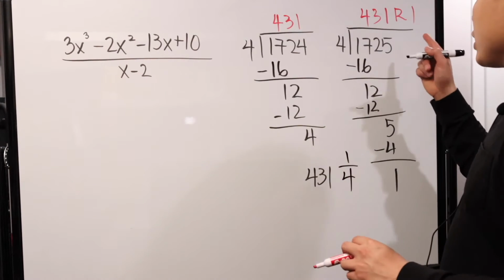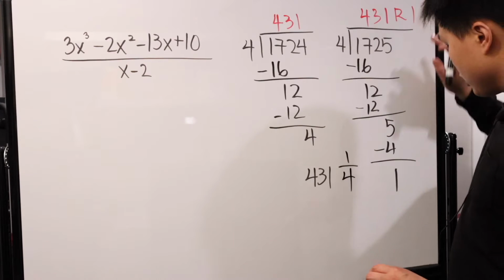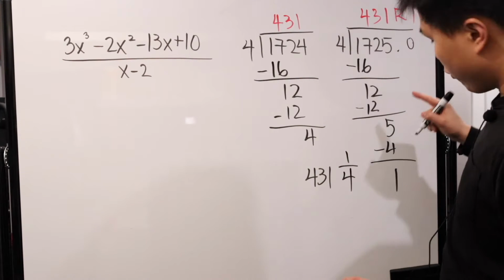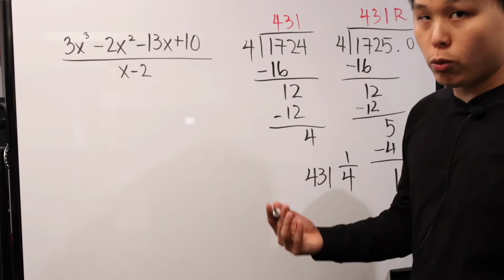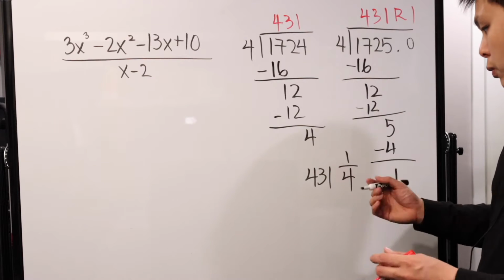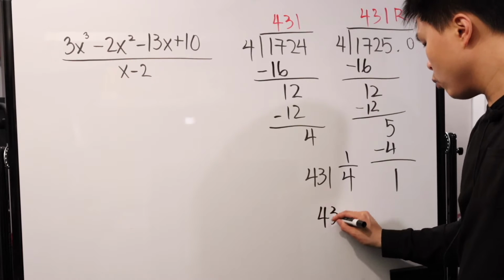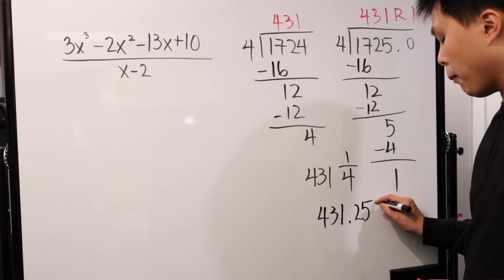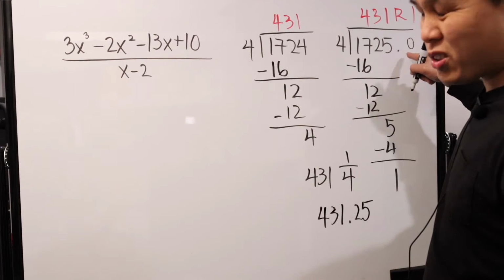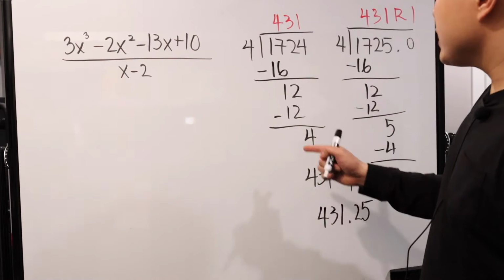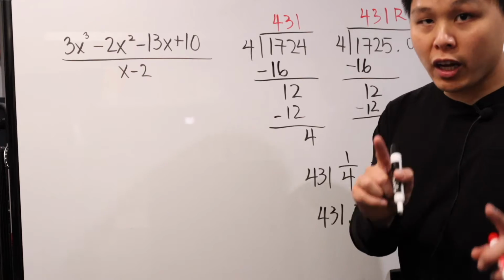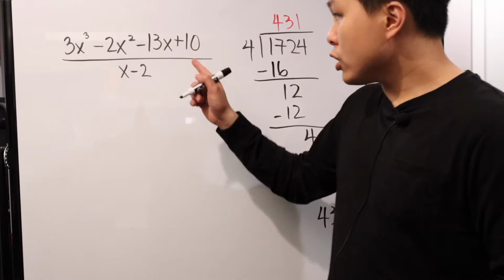Of course, there's the other way where instead of remainder 1, we put a little decimal and we put 0 all the way until we eventually either repeat or we end up with some decimal form. In this case, it's probably going to be 431.25. But this part about using the decimals, we don't really care about. It's the idea that we can divide with remainder that really helps us with long division. So let's look at this really quickly.